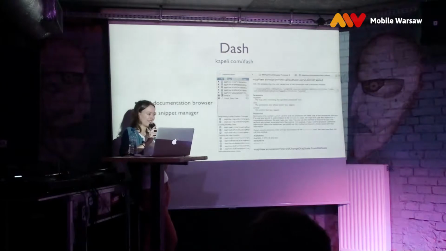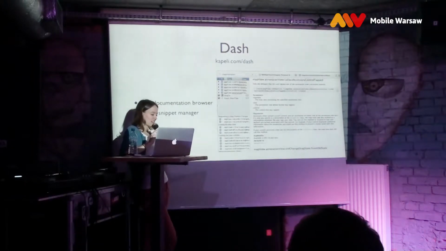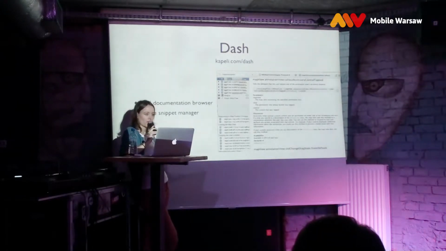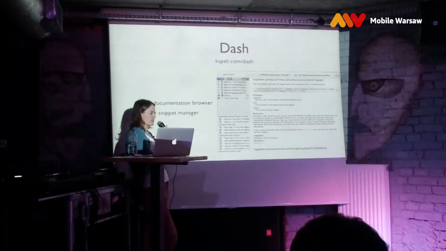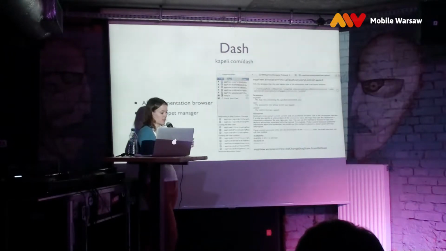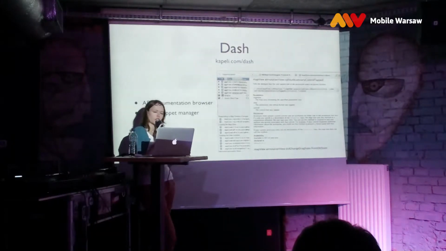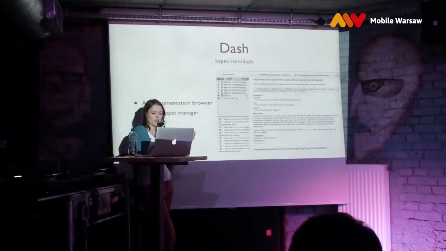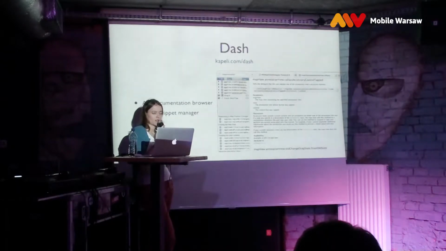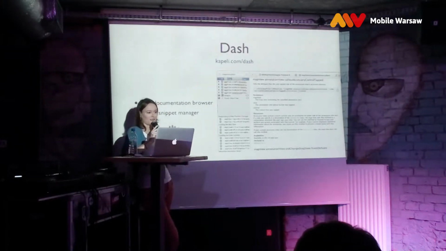The only minus is that it's not free. But there is a free version which is only different in that it gives you an 8 seconds delay, I think, between you hitting the search button and it giving you the results. So it's not that quick of a search, but the rest is the same.